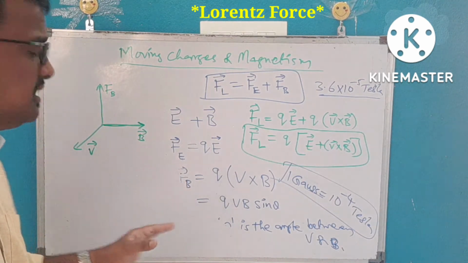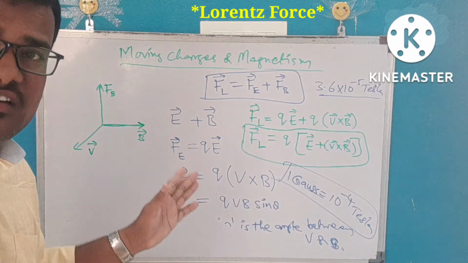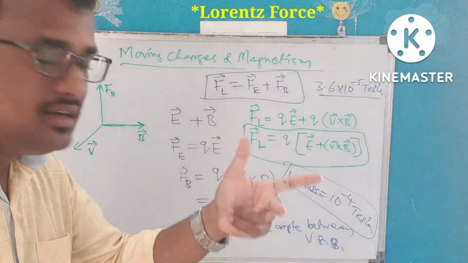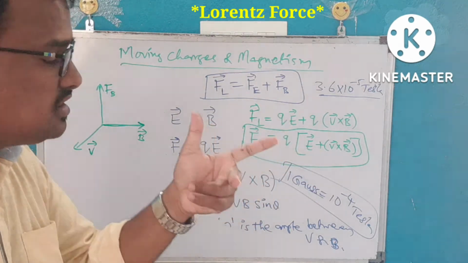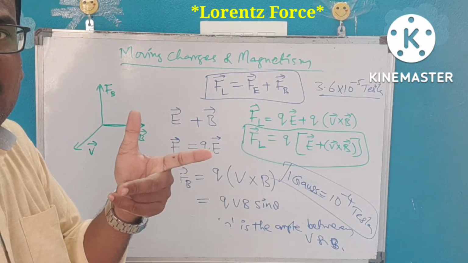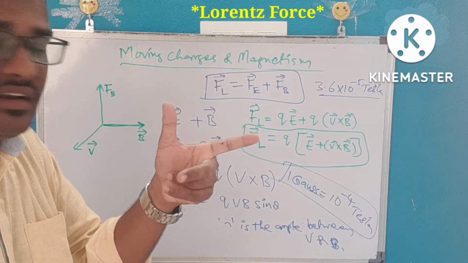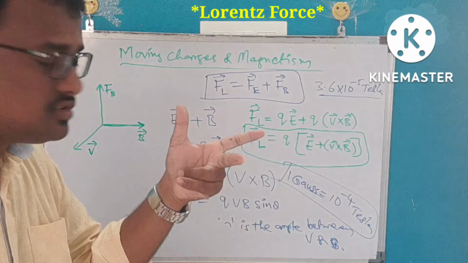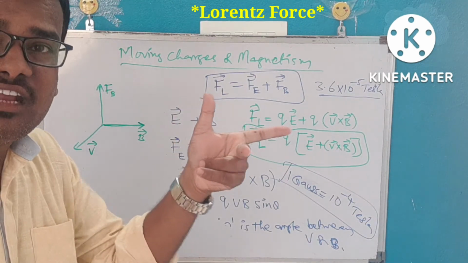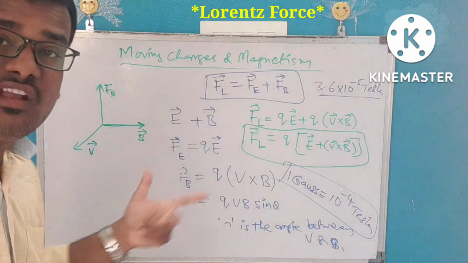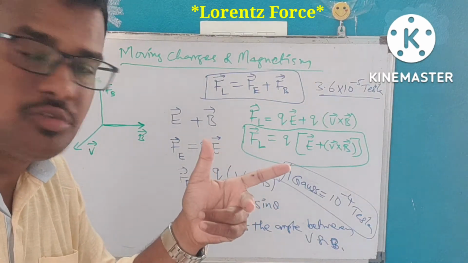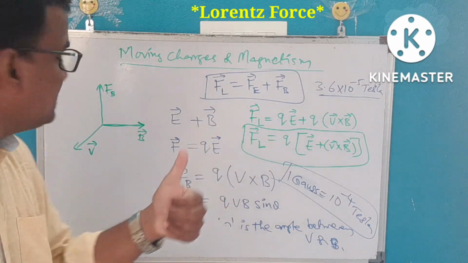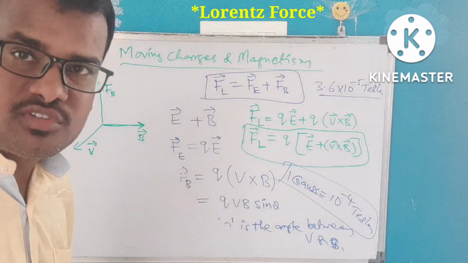The direction of the magnetic force, magnetic field, and the velocity direction can be represented by the left hand thumb rule. The index finger represents the magnetic field direction, the middle finger represents the velocity direction of the charged particle, and the thumb represents the magnetic force direction.